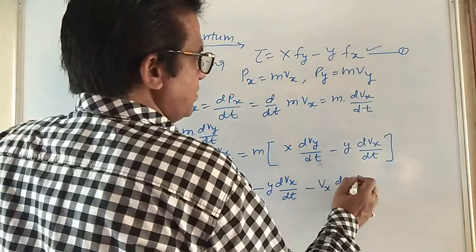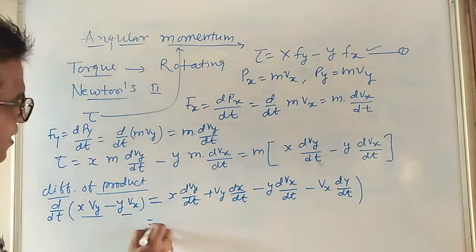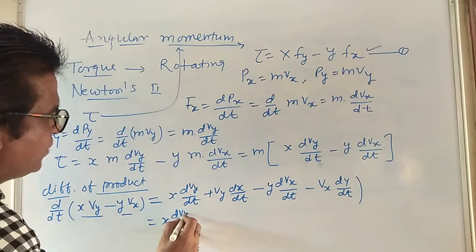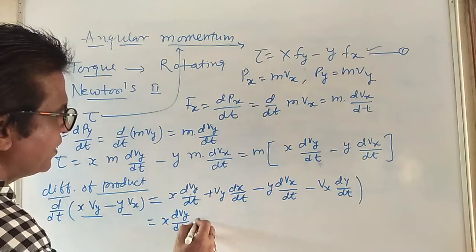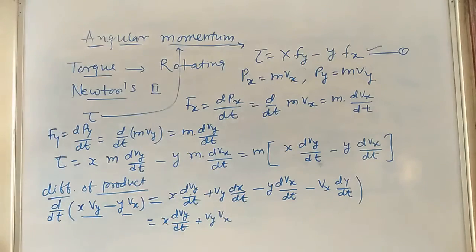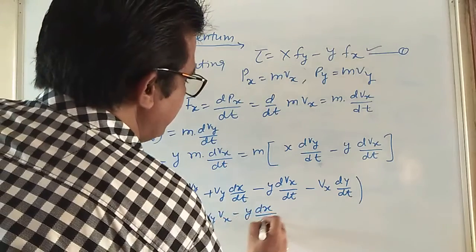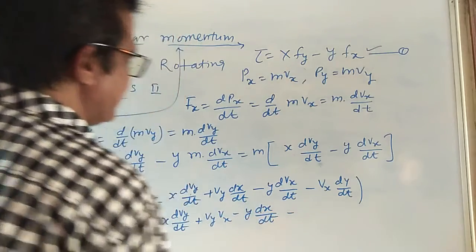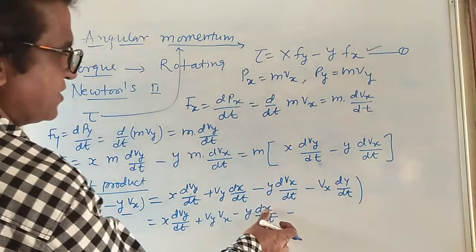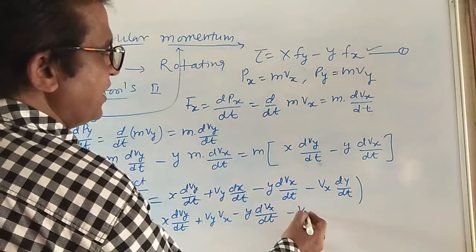This is the differentiation of product. What is there? x dvy by dt plus vy, this is vx, rate of change of displacement, minus y dvx by dt minus, that is, dvx here, pay attention, minus vx vy.